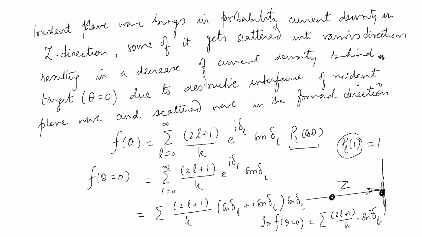Now recall Monday's expression for the total scattering cross section. I wrote the total scattering cross section as 4 pi by k square, sum over L equal to 0 to infinity, (2L+1) sin square delta_L. And just now we have seen that the imaginary part of the scattering amplitude is (2L+1)/k sin square delta_L.